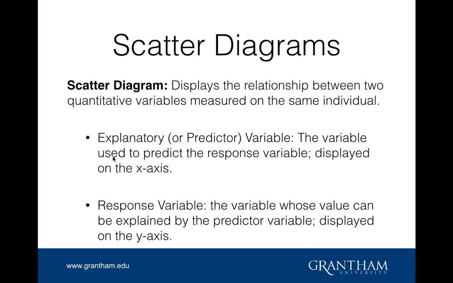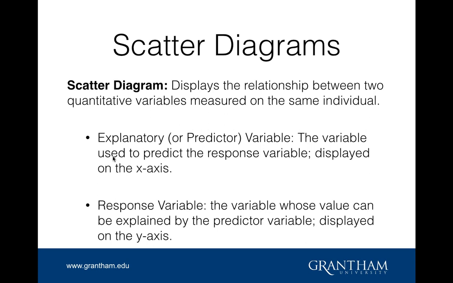But as an example of the difference between explanatory and response variables, if I want to see whether SAT scores, which is a hot topic lately, affect GPAs in college, I can use my students' SAT scores in high school to predict their GPAs while they're in the university.